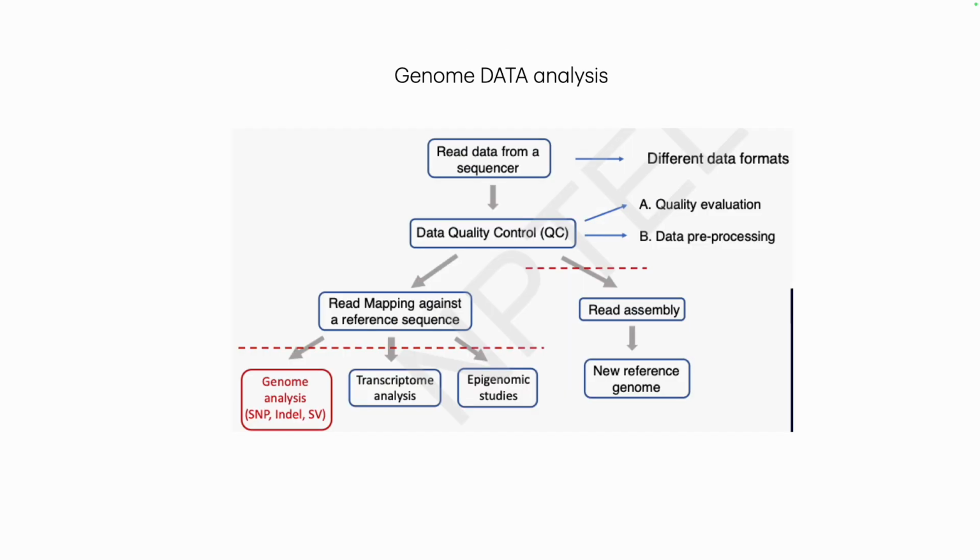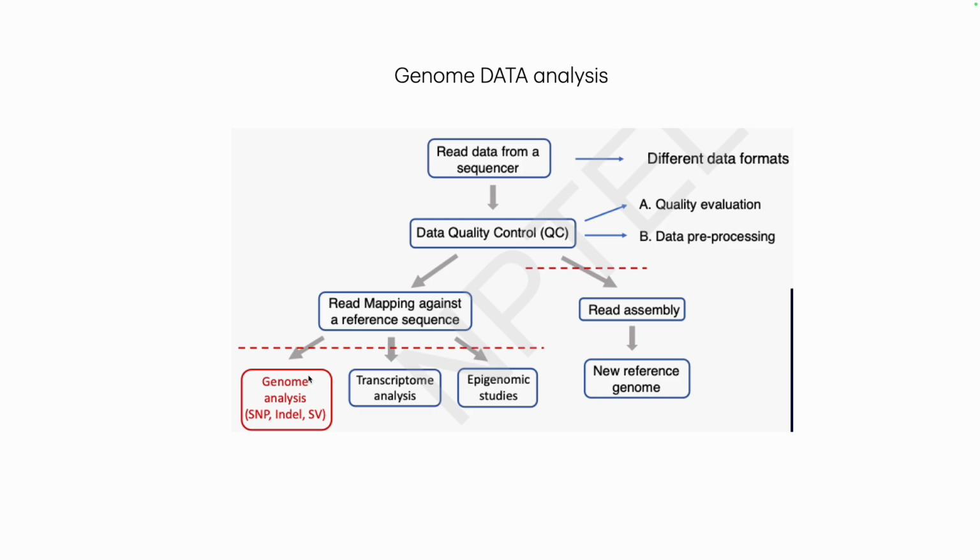Till the last week's session, we have done the genome analysis and the variant calling by various tools, and we got to know about the specific mutations that have been incorporated in our genome of interest.